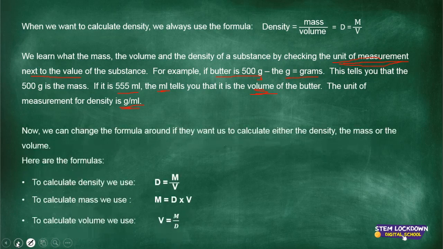Right, so just to make it easy for you, you can take some pen and paper and write these formulas down in case you don't know how to convert them. From the formula D is equal to M over V, we can make up formulas to calculate the mass and the volume if they give us the density but they don't give us the mass, or they don't give us the volume.